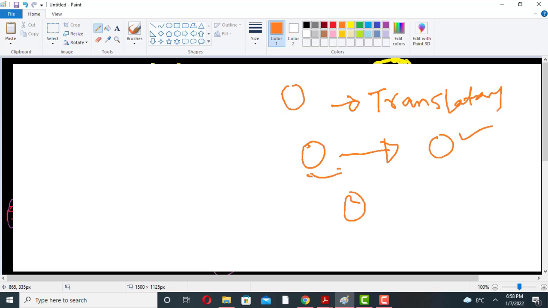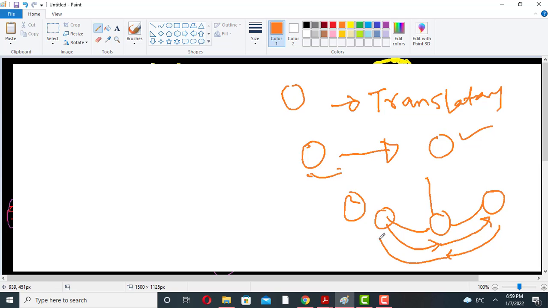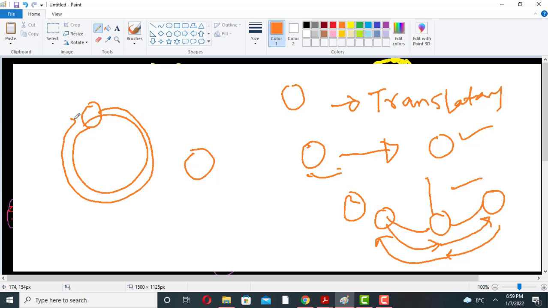It can show vibratory motion, moving back and forth between positions, and it also shows rotatory motion. Suppose this is a molecule, it can show circular type motion. So these three types of motion can be determined from the internal energy.